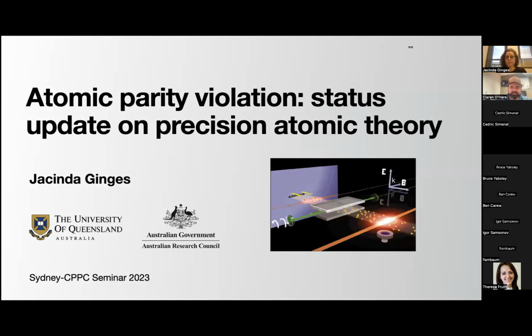Since then, she's worked at UNSW, and then also moved to UQ, where she was also a future fellow, and is an expert on a lot of stuff to do with atomic physics and probing new physics with atoms. So thank you very much for powering through sickness to give us a seminar, and I'll leave it in your hands. So thanks, Jacinda.